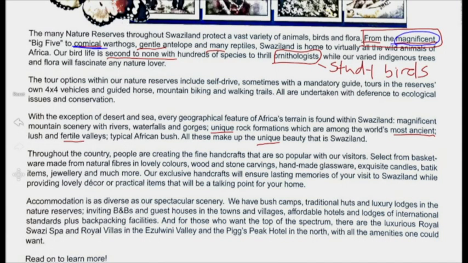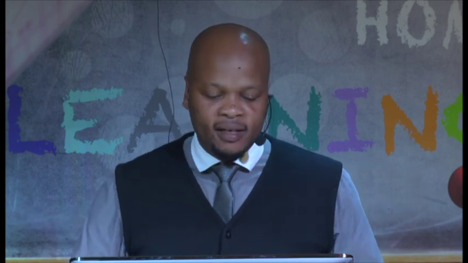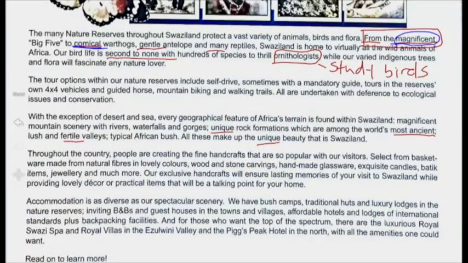They're not just warthogs there, because obviously many countries have got warthogs, but when you're saying they are comical, you are creating a certain interest in the reader, who would look forward to meeting these comical warthogs. How are they comical? Gentle antelopes, that's another adjective there. And many reptiles, not just one reptile, but many reptiles, which means that there's a variety.